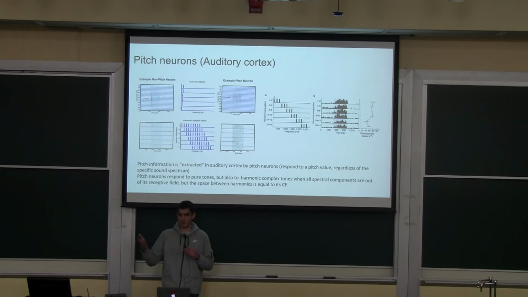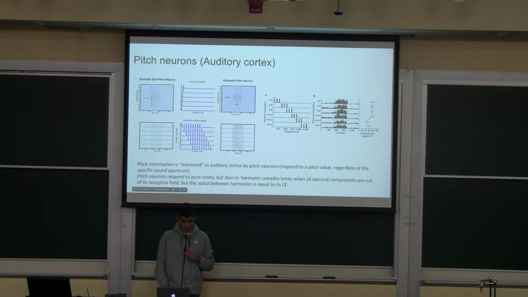So for example, usually pure tones is what we're talking about. A pitch neuron fires in response to pure tones, but it also fires in response to harmonic complex stimuli, meaning multiples of that frequency that are outside the receptive field that the neuron is tuned to.